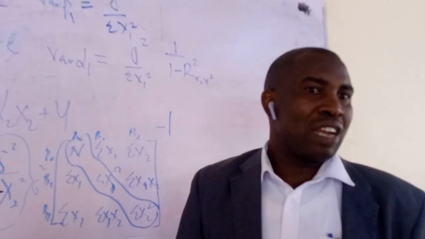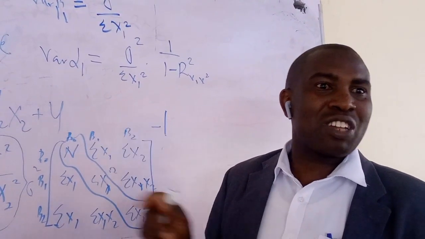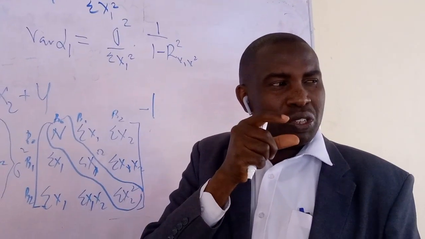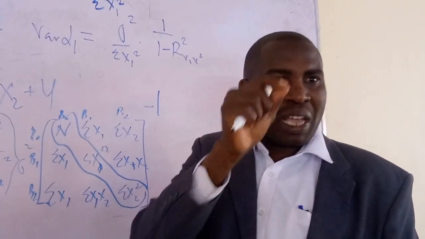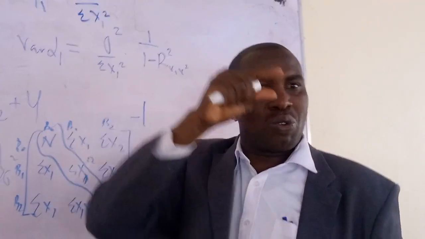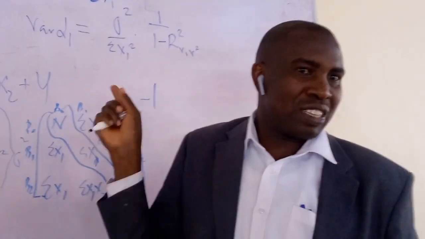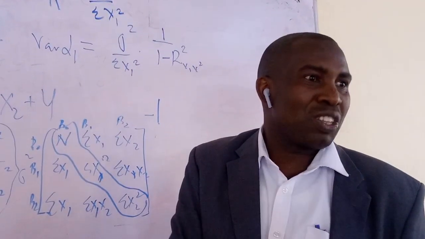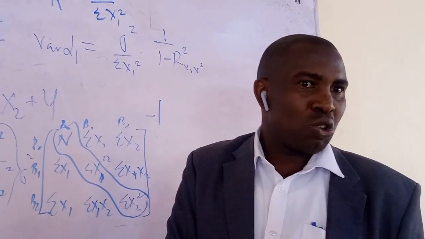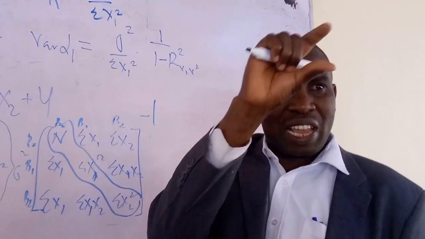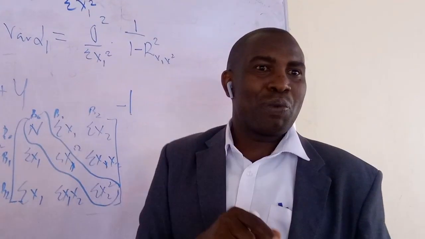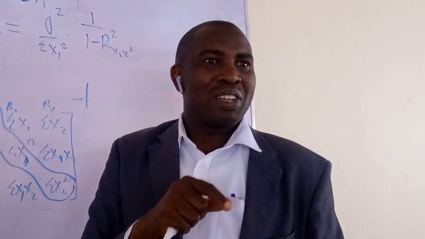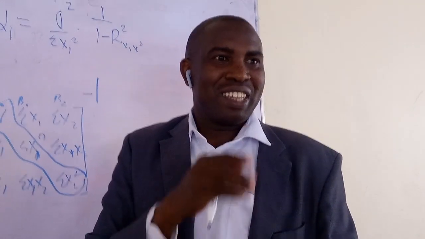Now, how do you get this r squared? You want to see whether x1 and x2 are related in a way. So you make x1 the subject of the formula and run it on x2. This r squared is called the auxiliary r squared. You know the range of r squared: it ranges between 0 and 1.